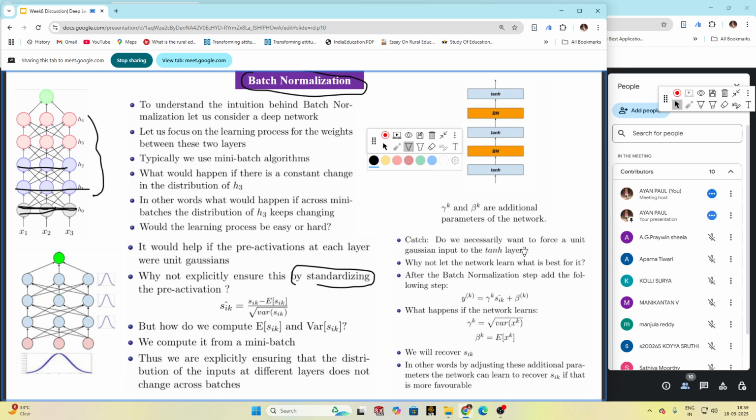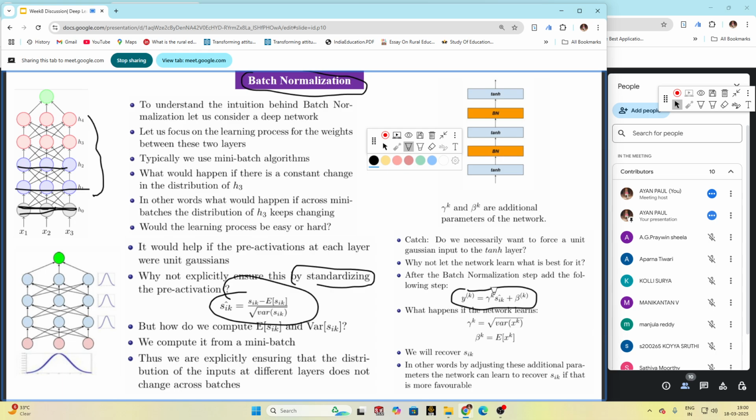Now another thing: as we are converting the inputs in the hidden layer to Gaussian inputs, it is always better if we can recover them. So we have this recover formula. By this, what we have just calculated is the standardized pre-activation inputs of the hidden layer.